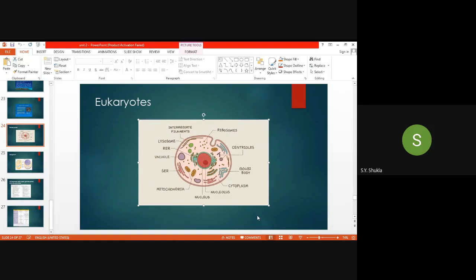That means who will decide where this protein wants to go: to the smooth endoplasmic reticulum, to the vacuole, to the lysosome, to form the centrioles, or return into the cytoplasm.